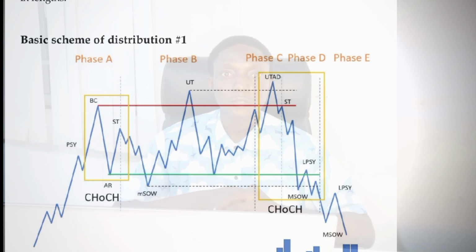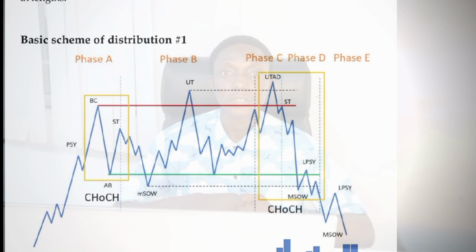So in phase B, we have the UT, and also the MSOW. The MSOW simply means the minus sign of weakness. First of all, we have the UT. The UT is just a temporary breakage of the upside of the whole formation of the schematic displayed on your chart.